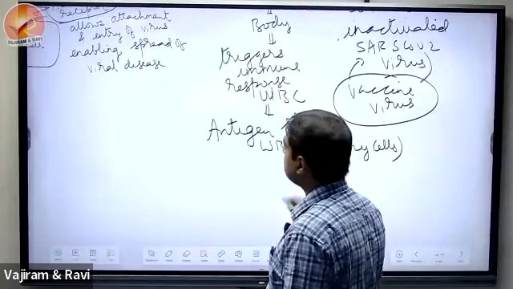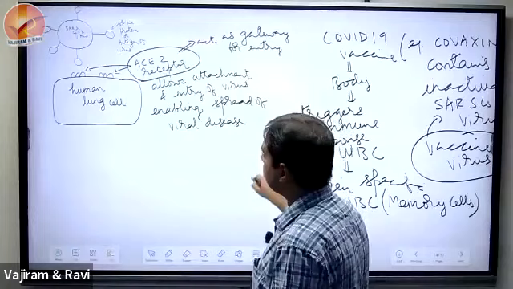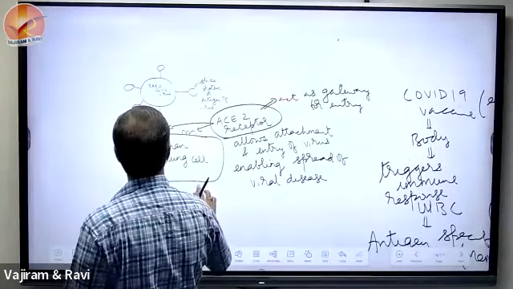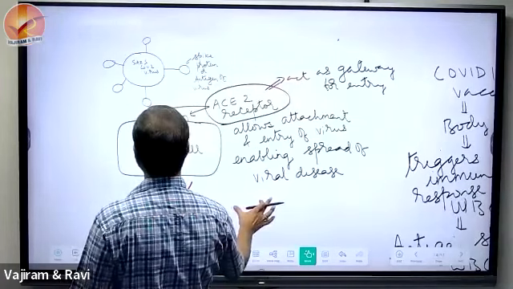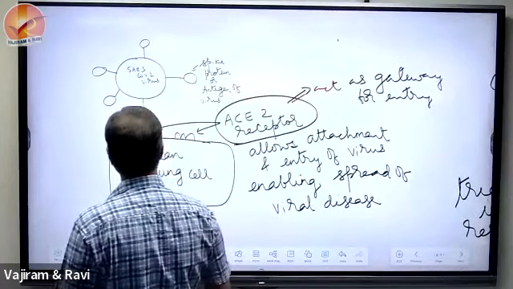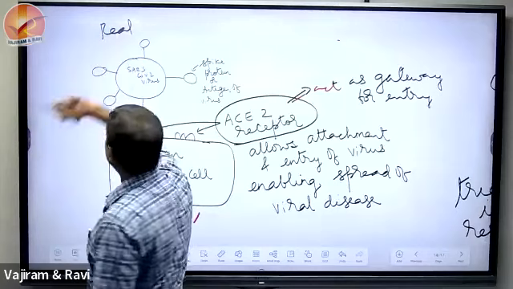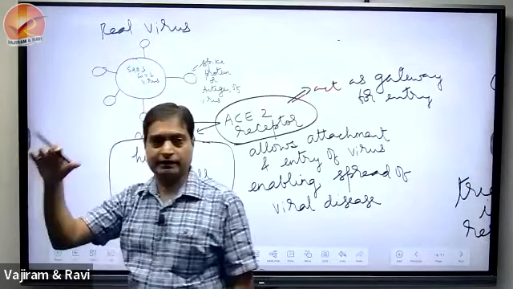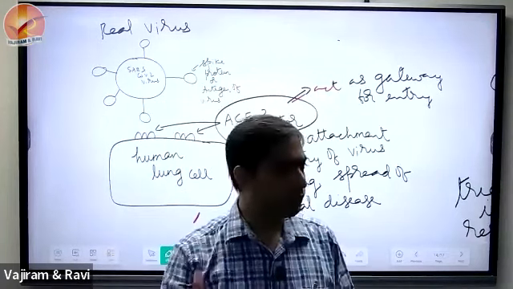Now, after vaccination, if the real virus enters the body, suppose this is your real virus that entered the vaccinated body. So after vaccination, the real SARS-CoV-2 virus enters the vaccinated body. How will the vaccinated body act to protect the body?